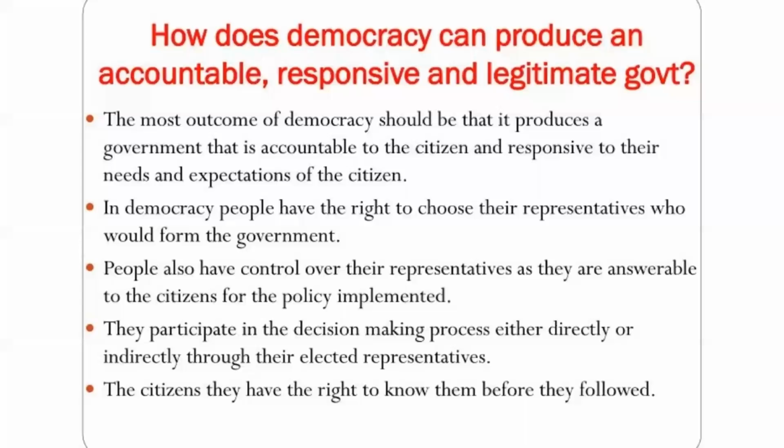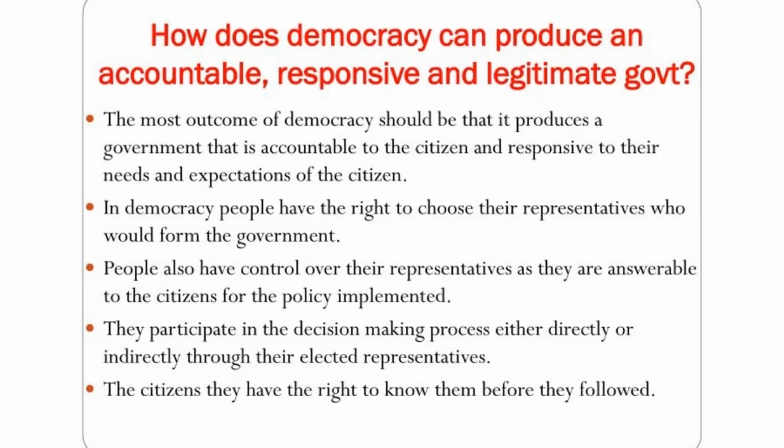It is the responsibility of a democratic government to do work for people's welfare, because people elect their representatives. And in the present scenario, our country has a representative, indirect form of democracy. People are not able to sit together and take collective decisions, so in our country we adopt the representative form of democracy.